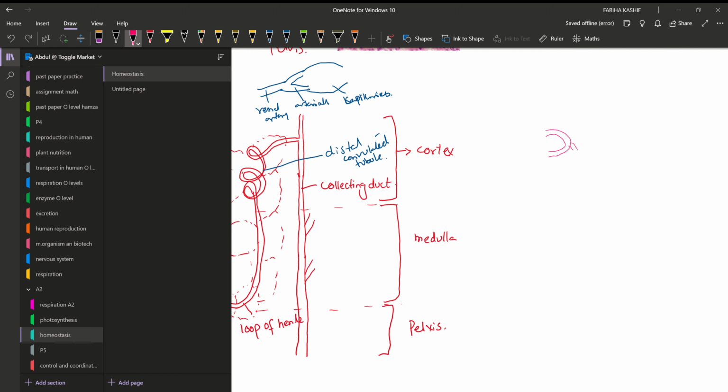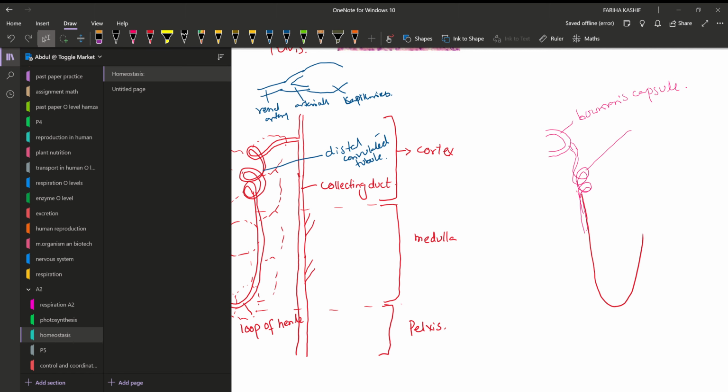From the glomerulus there arises a tubule. This is called Bowman's capsule. The first part of the nephron is called Bowman's capsule. From the Bowman's capsule arises a tubule. Now this is the first convoluted tubule or proximal convoluted tubule.